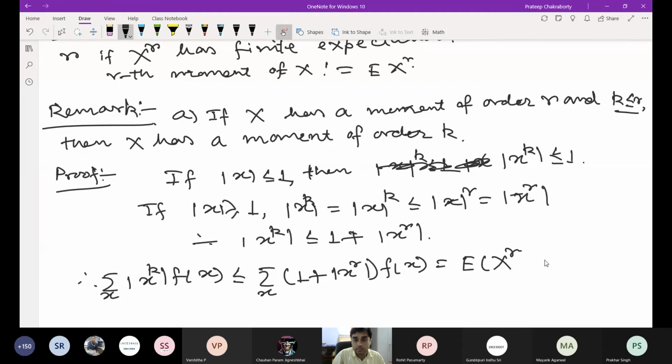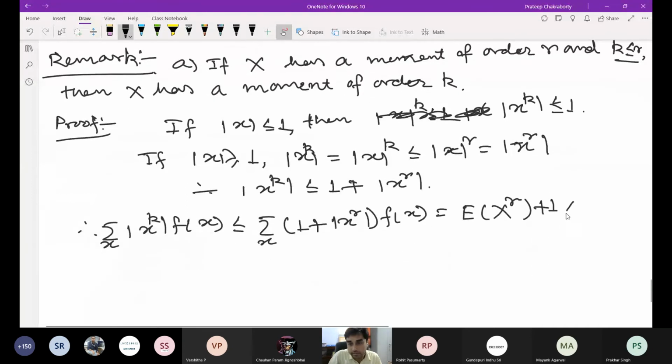This we can do because x power r f x is finite, because x power r has finite expectation. So you can see that x has a moment of order k because x power k has finite expectation.